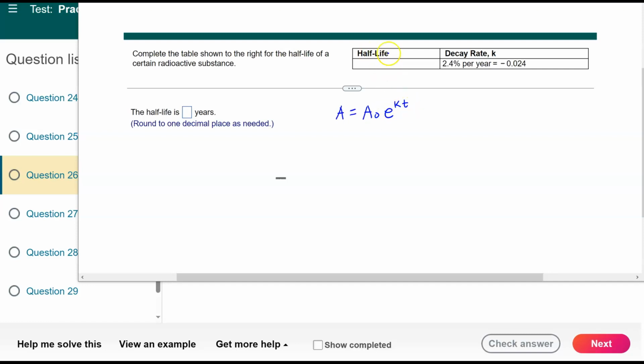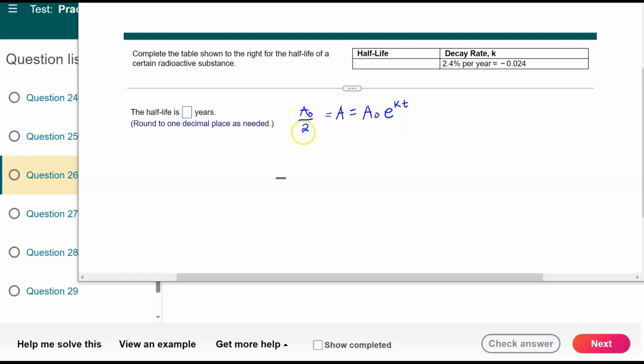As I've said, half-life means we're looking for the time required for the substance to be reduced to half of its original value. So in other words, A will be replaced by A sub 0 over 2, or 1/2 of A sub 0.